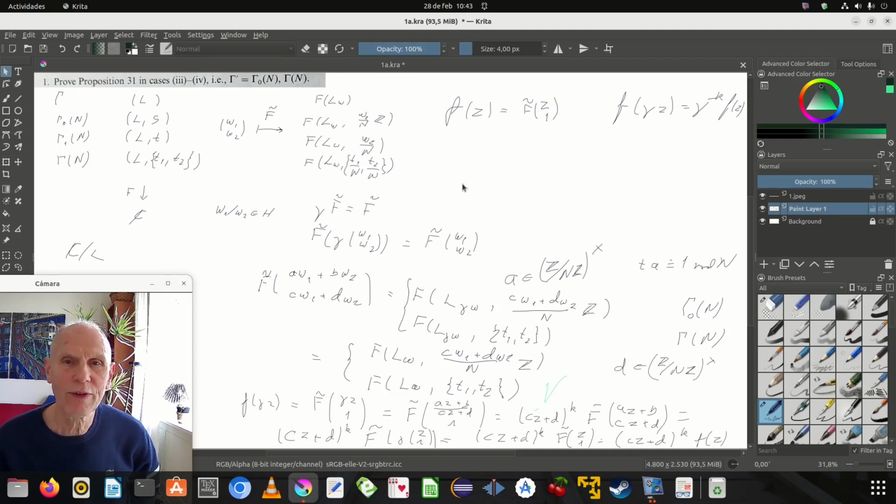So we're given a vector omega 1, omega 2, and we must define it the same way as we did in the book.